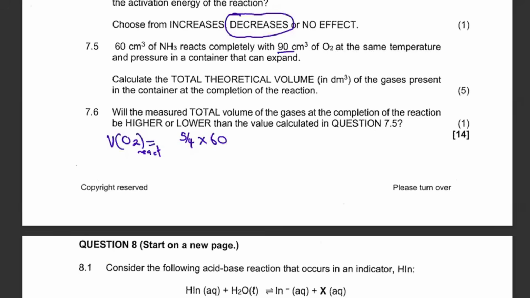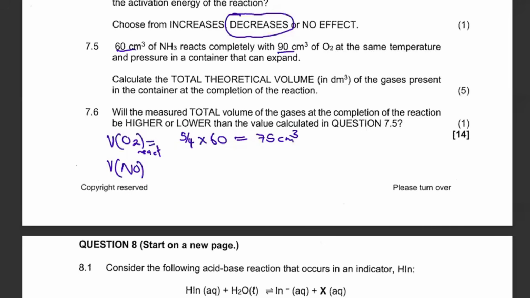That's the 60 we're given there. Then if you do the math, 5/4 multiplied by 60, we get 75 cubic centimeters. Then we move on to the volume also of NO.